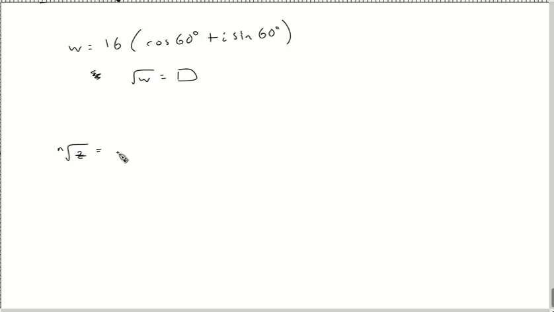It's the nth root of r times CIS of theta plus 2 pi k all over n, as long as k is equal to 0, 1, 2, and so on, all the way to n minus 1.